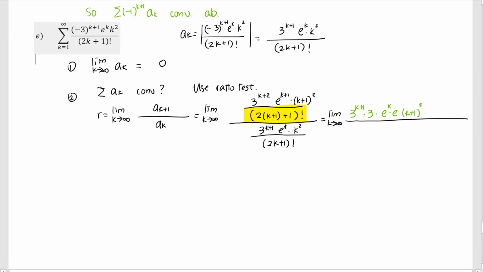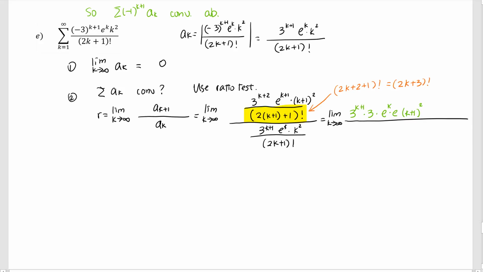How about the bottom? The bottom actually equals 2 times k plus 2 plus 1 factorial. So this is like 2k plus 3 factorial. How do we split that?